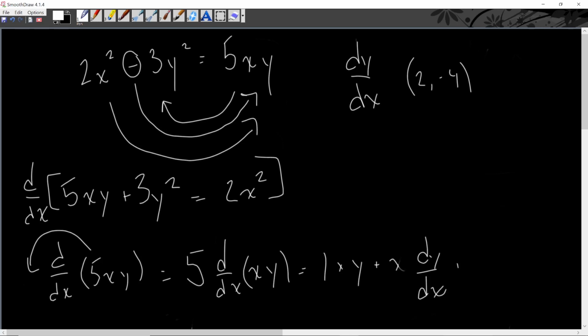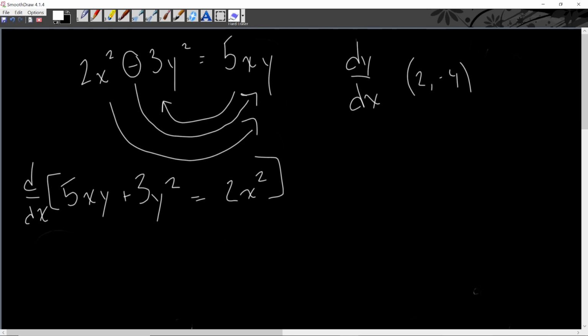And then, again, d dy of y is going to be 1, so we have x dy dx. And then this is plus the derivative of 3y squared with respect to x. So we bring that 2 out here. It's not a constant, but I'm bringing it out here. We'd have 2 times 3, which is 6, times y to the 2 minus 1, which is 1, times dy dx. Right, great, now we have y plus x dy dx.